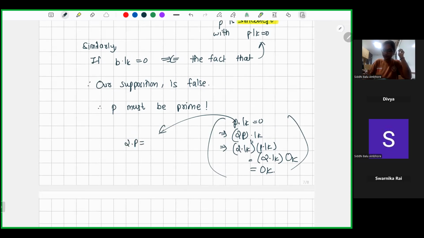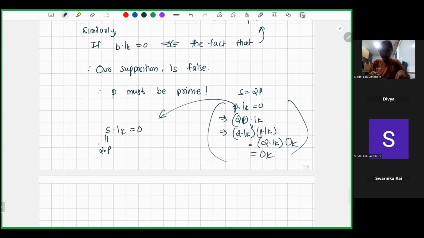So if I'm looking at 2P as an element, and if I call this S, if I'm taking an element S such that S into 1K is 0, then for this S, a composition is possible, with 1 less than A and B less than S, at least one of them.